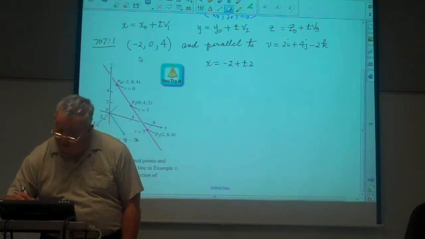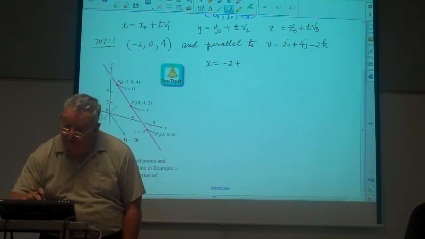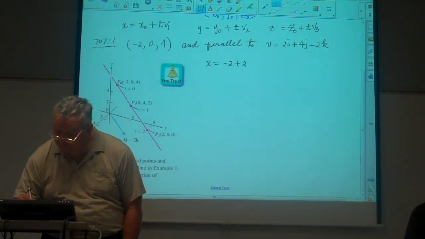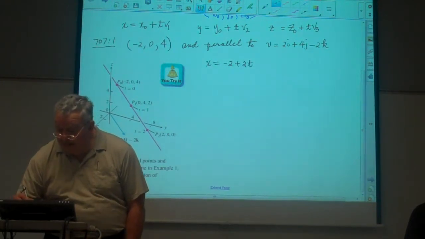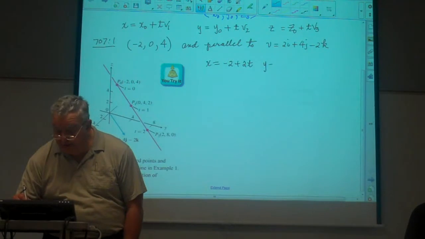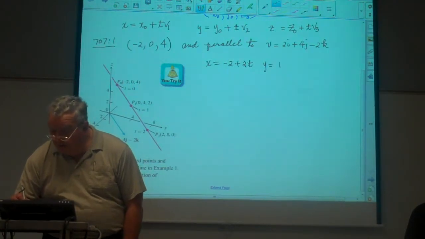And some people put the 2 in front of the t. And y is equal to 4t, and z is equal to 4 minus 2t.